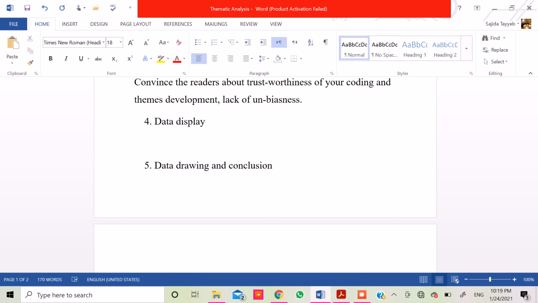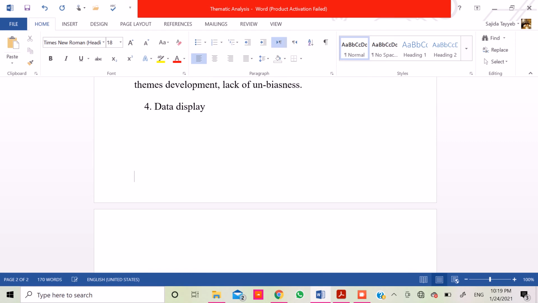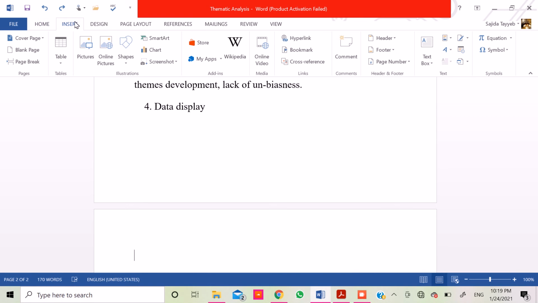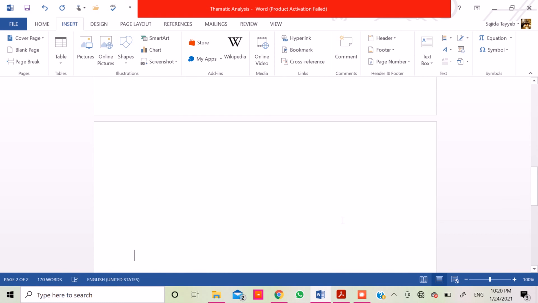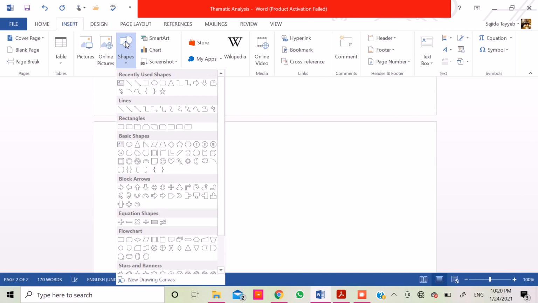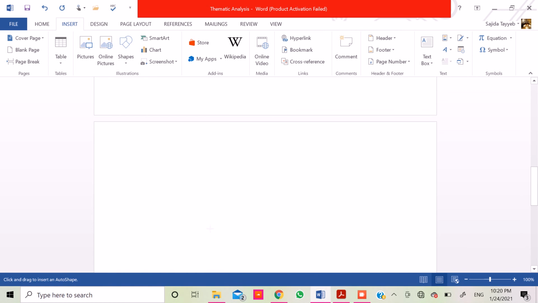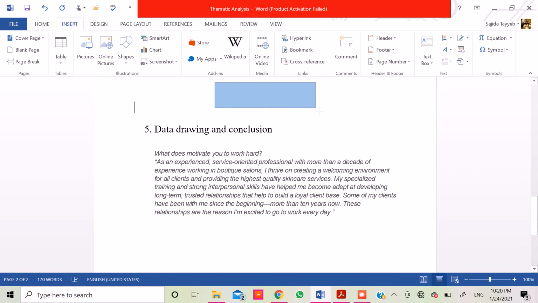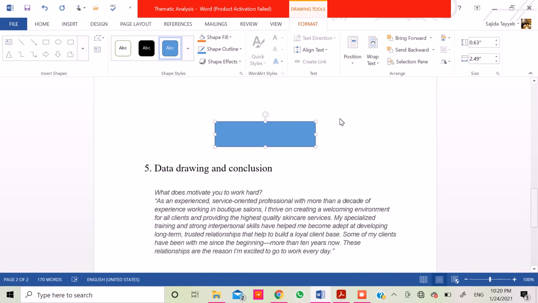So this is particularly very interesting. I would say that totally depends on your creativity. This is also known as conceptual model development. So you can use, for example, here let's play some with our data. Here I would do something like this, and then I would say motives of working hard.